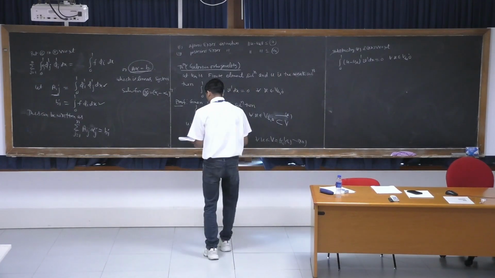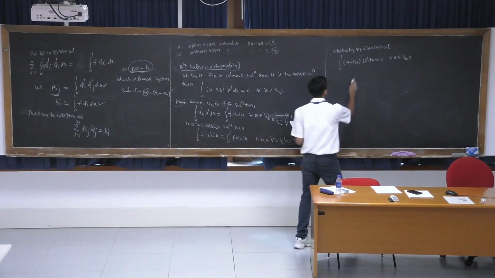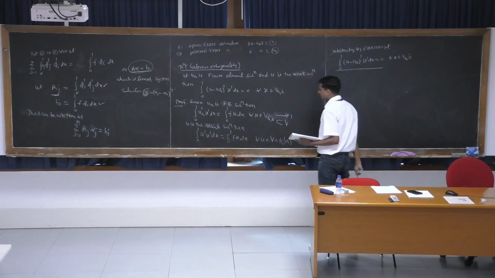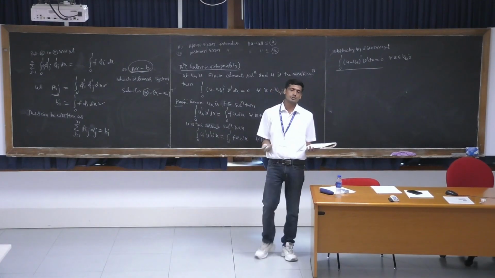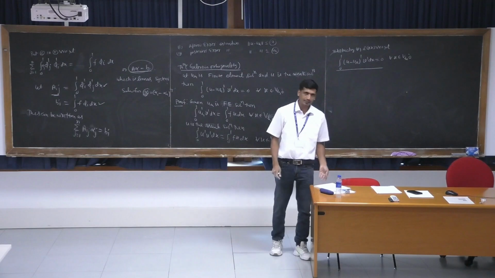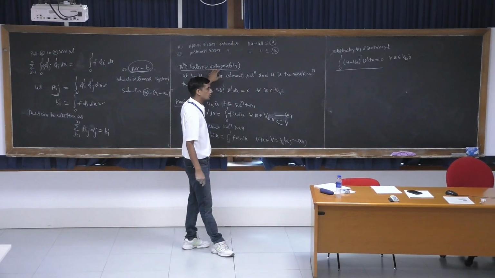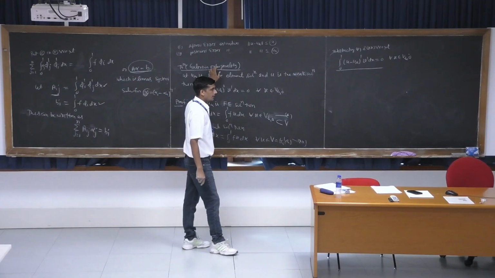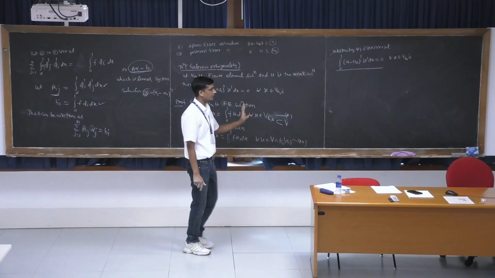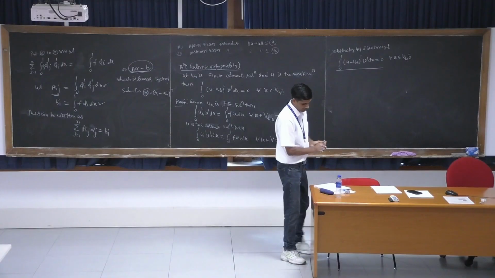So actually this Galerkin orthogonality we will use for the further error estimate. First we have proved the Galerkin orthogonality, and we will apply this for the a priori estimate.